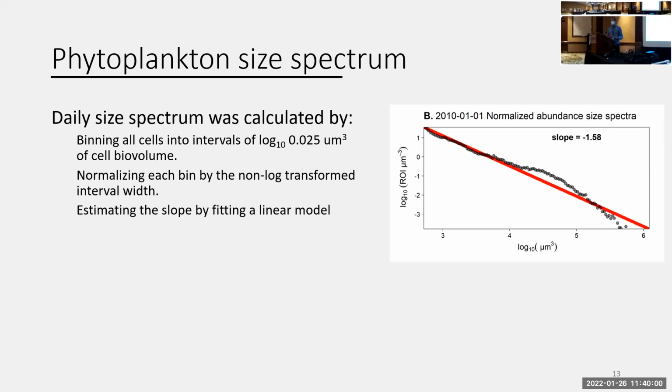For my analysis, I binned cells into log space intervals of 0.025 cubic microns. Because I binned into log space, when transformed back into normal space, that results in varying bin widths, so I also normalized each bin by the non-log transformed interval width.